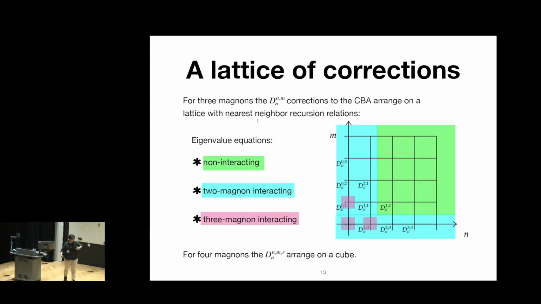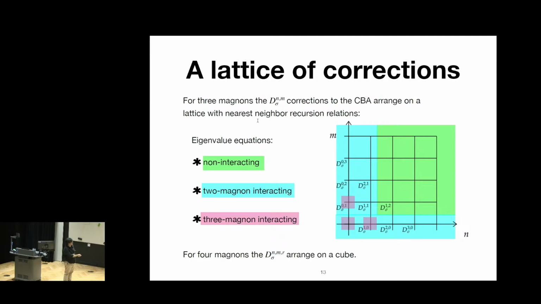So the way you understand it is you set up your problem and you try to solve the eigensystem. And what you find is that these d's, the corrections to the coordinate Bethe ansatz, arrange themselves in a lattice, which is here. I will first explain the 3 magnon case, and then you can imagine in your head the 4 magnon. So these are the distances between the left, and these are the distances between the right. And the eigenvalue equations arrange in 3 classes of equations: where the 3 magnons are far away from each other, when 2 magnons are near and 1 is far away, and when all the magnons are next to each other.